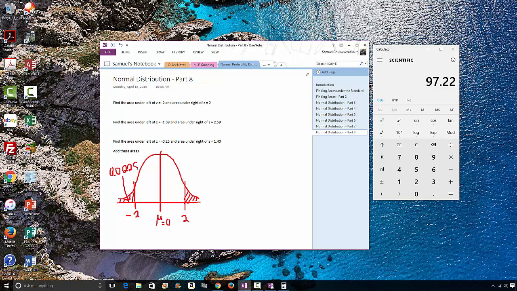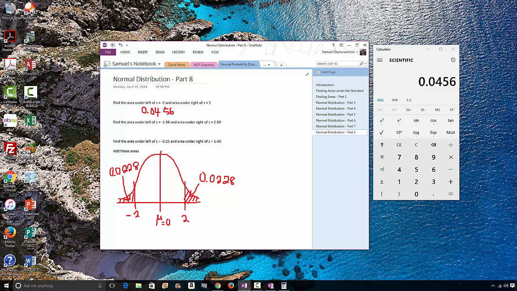And this is still the same area here, 0.0228. So 0.0228 times 2, and that gives you 0.0456. That is the answer. Does that make sense?